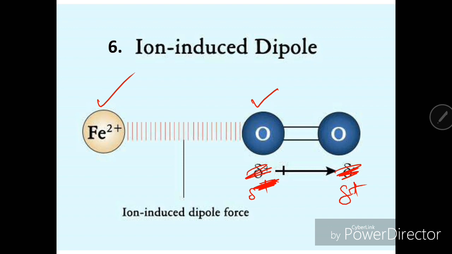Why? Because in ion-dipole interactions, the ion is interacting with a permanent dipole, whereas in ion-induced dipole interaction, the ion is interacting with a non-polar species. So the interaction here is weaker. If an anion interacts, the ends will be just opposite. The end near the anion will be positive, and the end far from the anion will be negative.